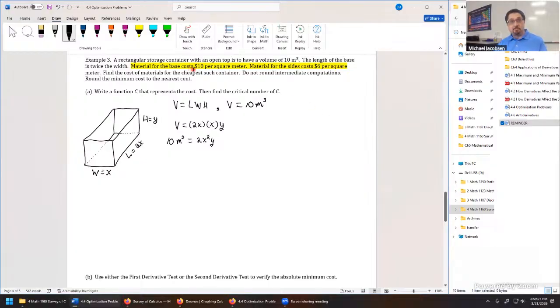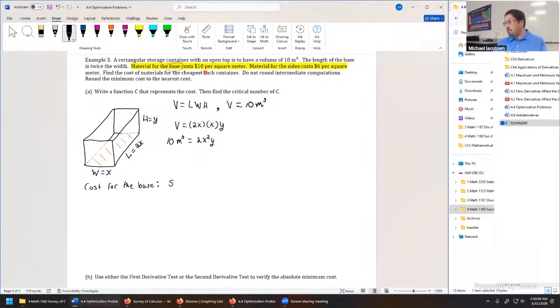Let's focus on the base. There's just one side when we're thinking about the base. So I'll put this as just temporary highlighting. The cost for the base. It's going to be, well, it's $10 per square meter.